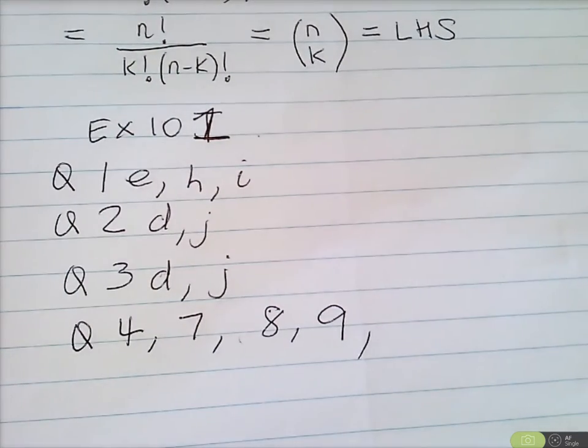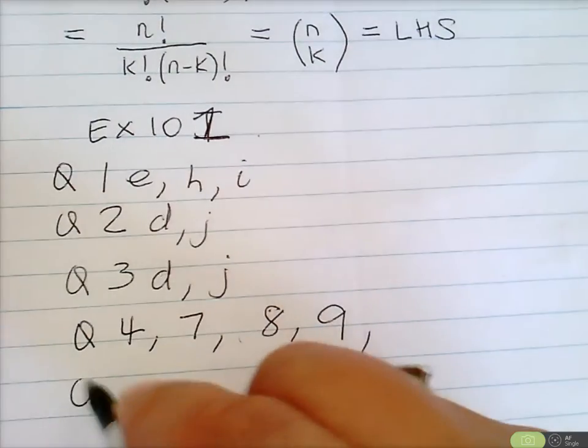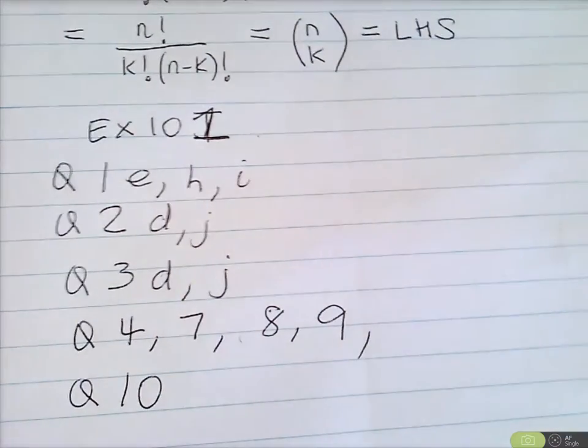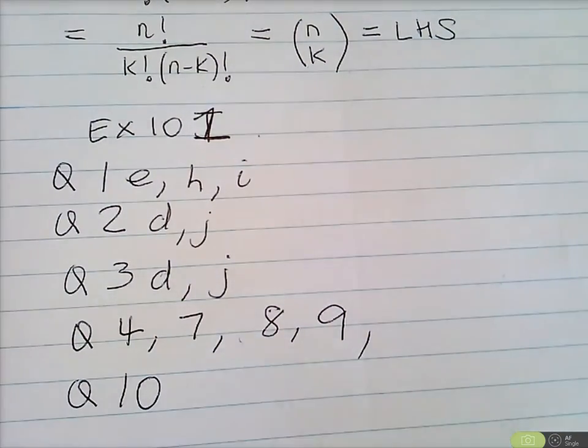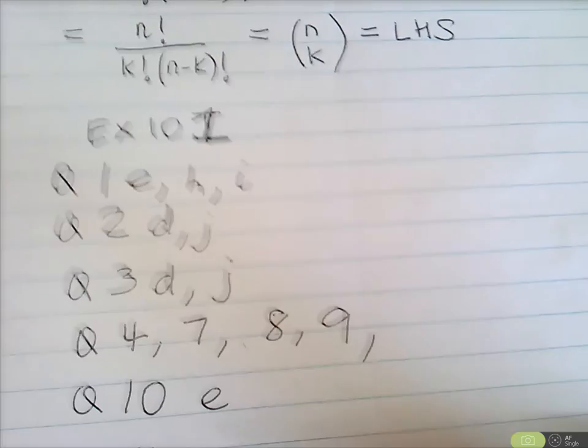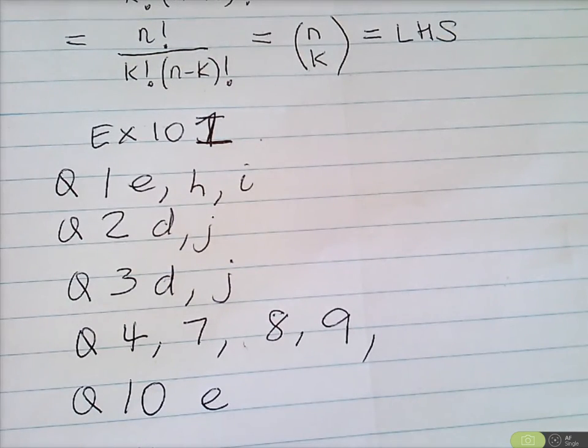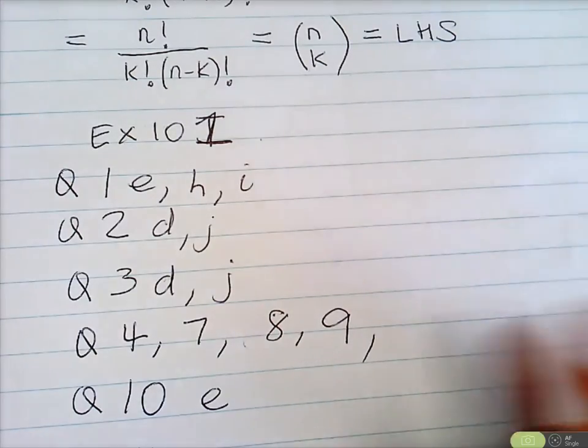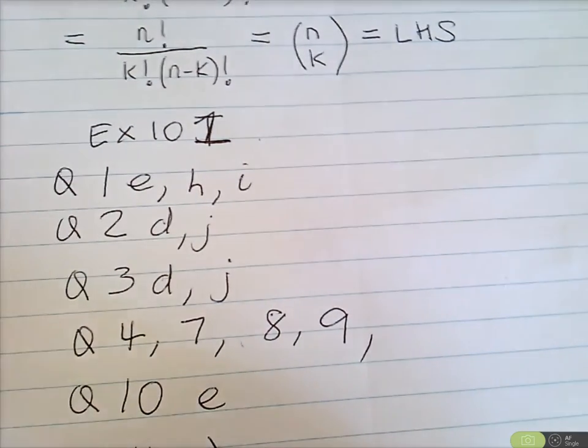I'll give you 1 from 10. Question 10, let's just do a factorize. We've done D and F. I'll just give you E. 11, we've done C. 11C, you can just do E, 11E.